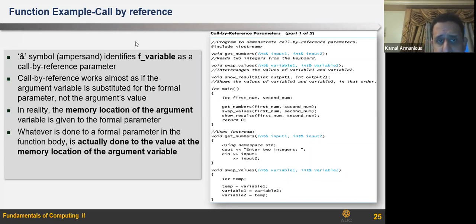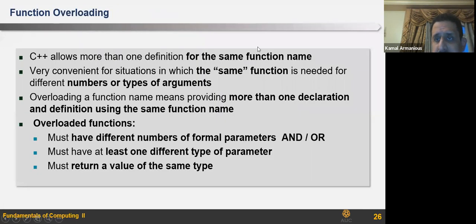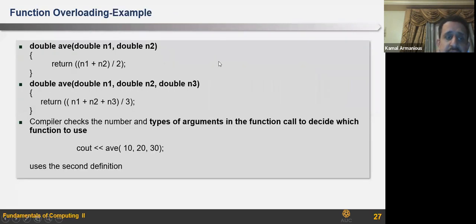Function overloading means that you have the same function name in your program more than once. However, what's the difference?